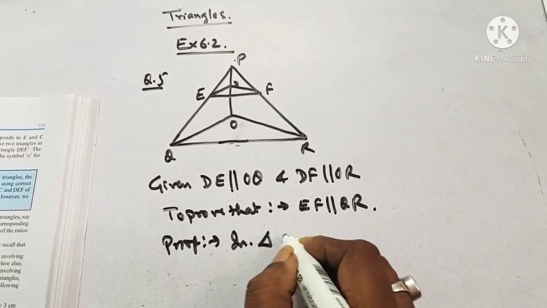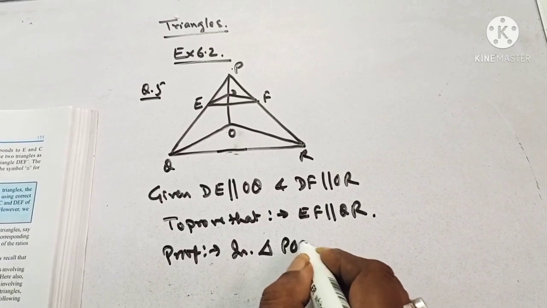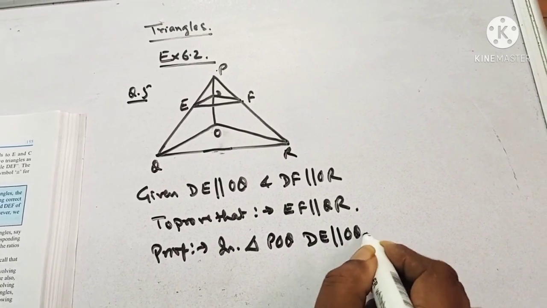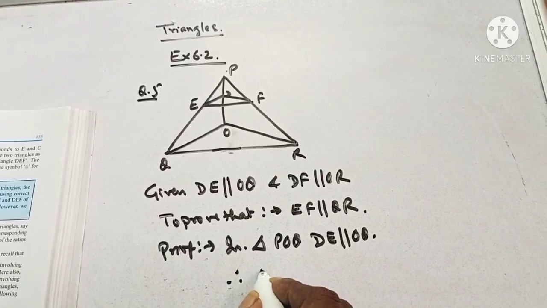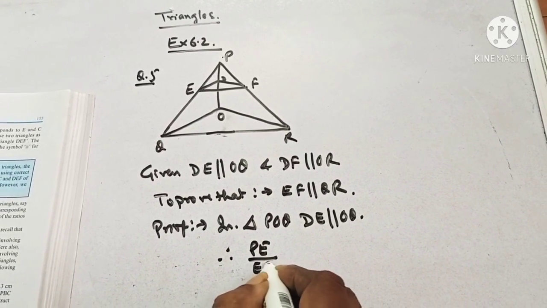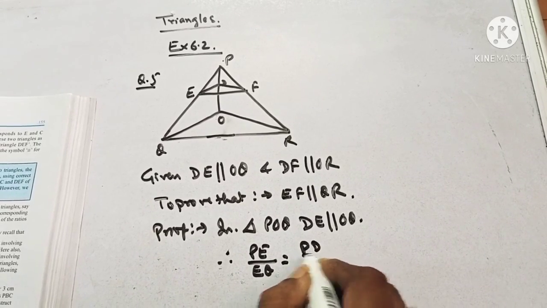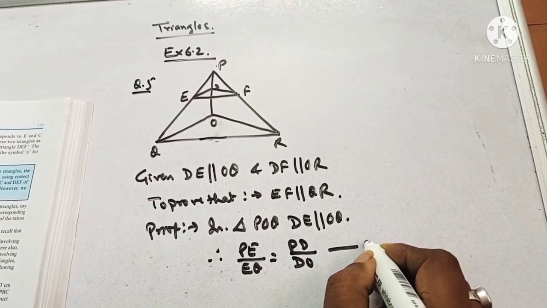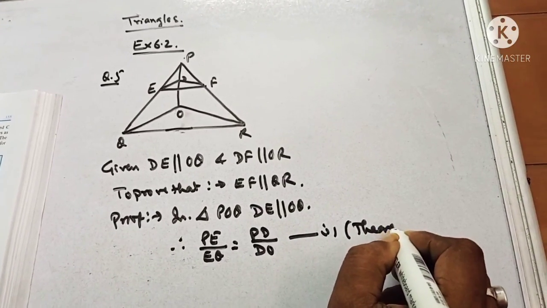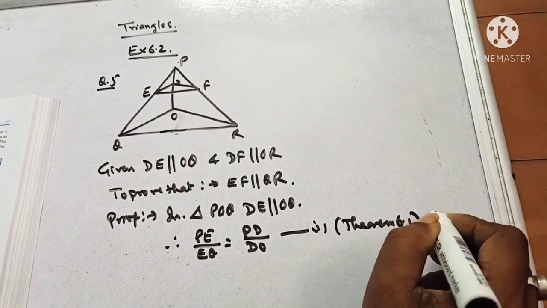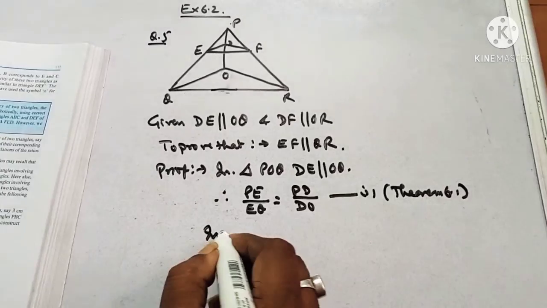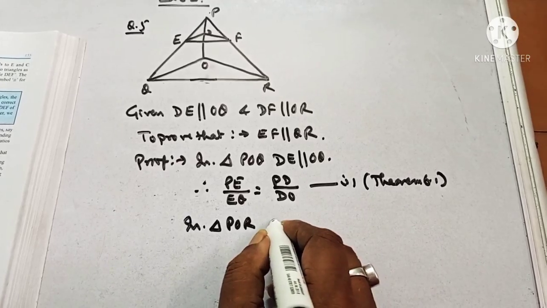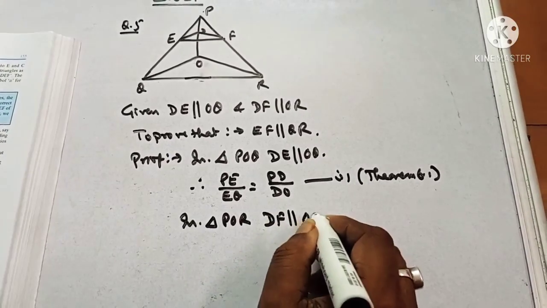In triangle POQ, your DE is parallel to OQ. Therefore, PE by EQ is equal to PD by DO. This I get from theorem 6.1. Again, in triangle POR, your DF is parallel to OR.